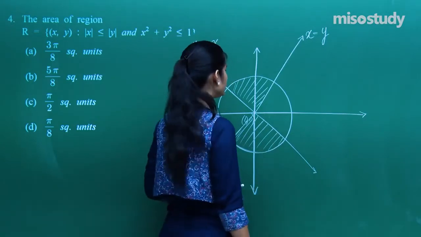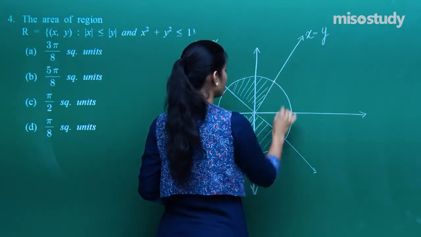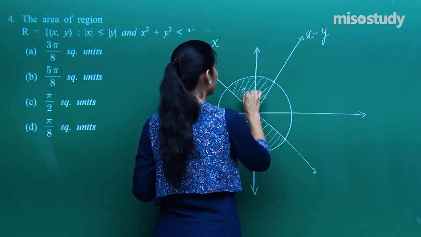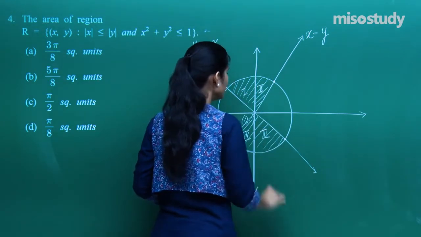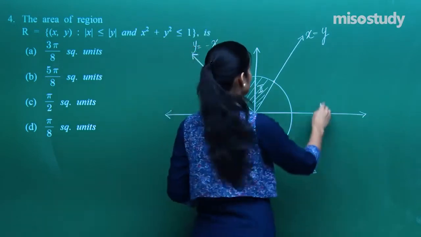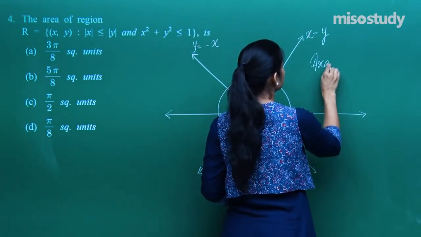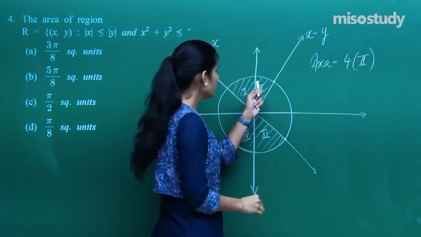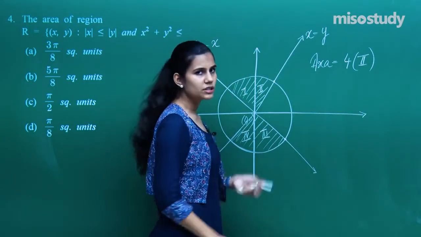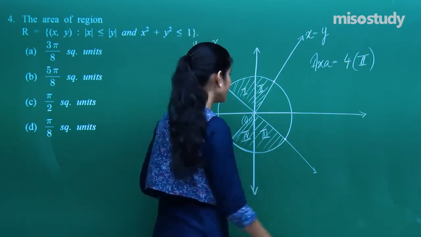This is the area I need to find. Now you should know that region 1 is equal to 2 is equal to 3 is equal to 4. So I will just be computing area as 4 times the area of the second region, which is going to give me the area of the shaded region completely.